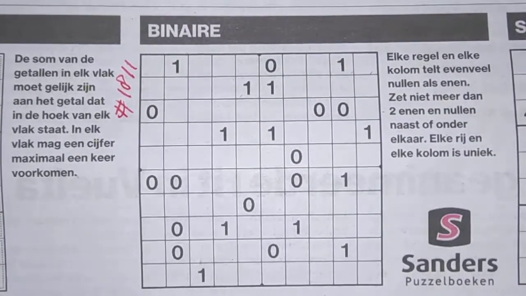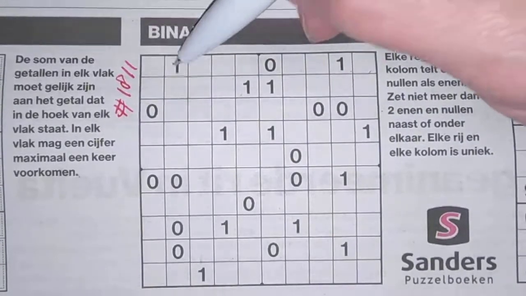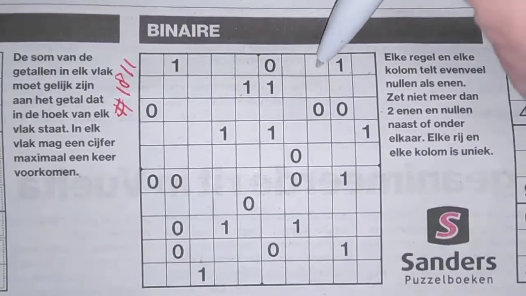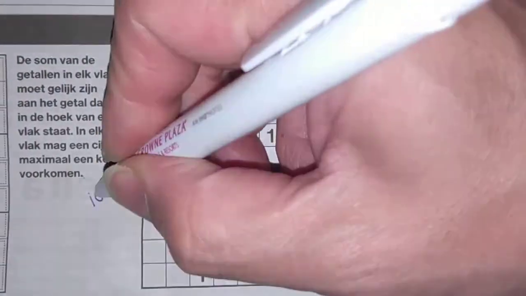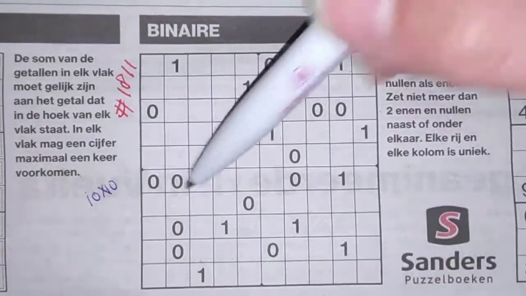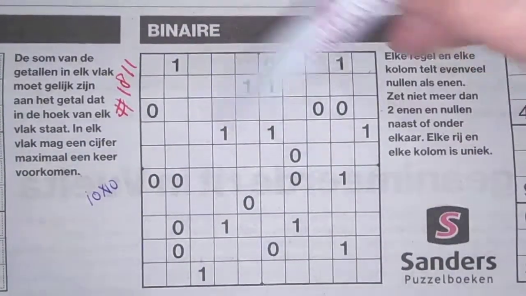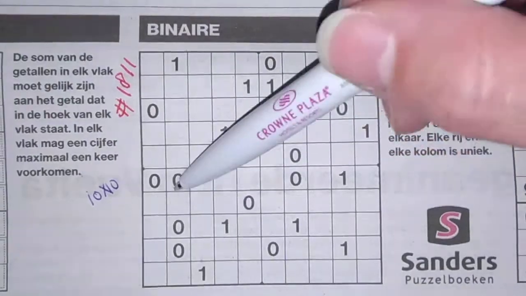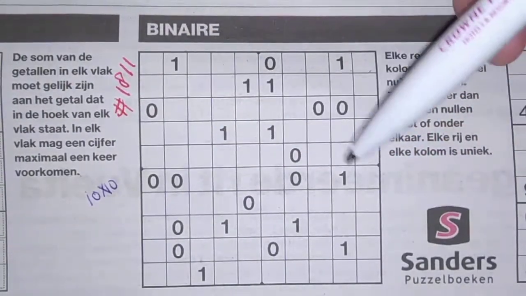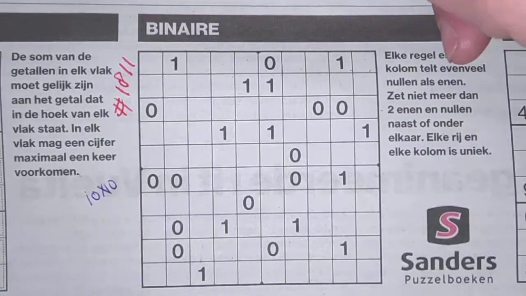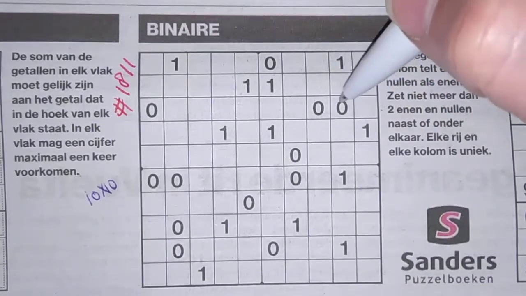What kind of binary puzzle is this? 1, 2, 3, 4, 5, 6, 7, 8, 9, 10. It's 10 by 10. That means in a row or in a column there are always 5 O's and 5 1s. Alright, so let's get started.